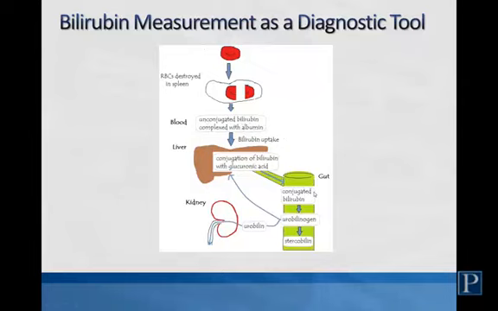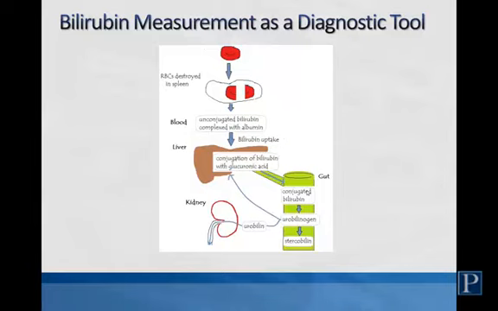If they're trying to test for unconjugated bilirubin, this is not water soluble. So in order for it to react with the dyes in the reagent, they have to add alcohol to it. So they said, okay, it's indirect. This is water soluble. That will react to the dyes in the reagent directly. So that's why they call it direct bilirubin. So you may hear those terms.